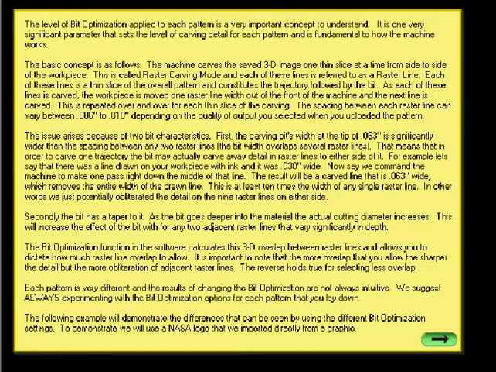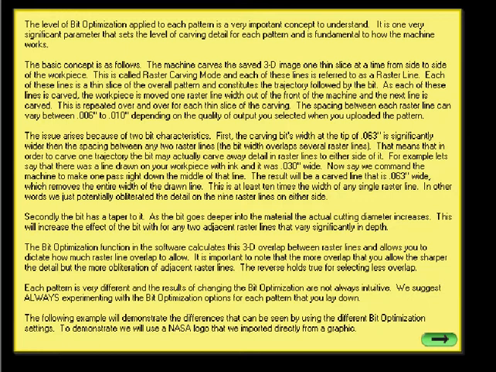Secondly, the bit has a taper to it, and as the bit goes deeper into the material, the actual cutting diameter increases. This will increase the effect of the bit for any adjacent lines and vary significantly in depth.